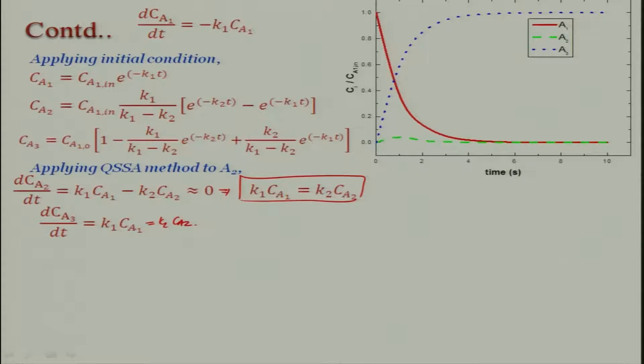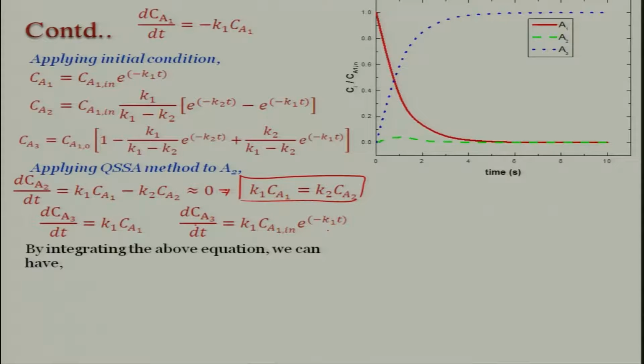Are you getting it? So in place of CA1, I already have the result from the beginning. By integrating this equation, we can get CA3 is equal to CA1 in times 1 minus e to the power minus K1 T, and this is very easy, you can do that.